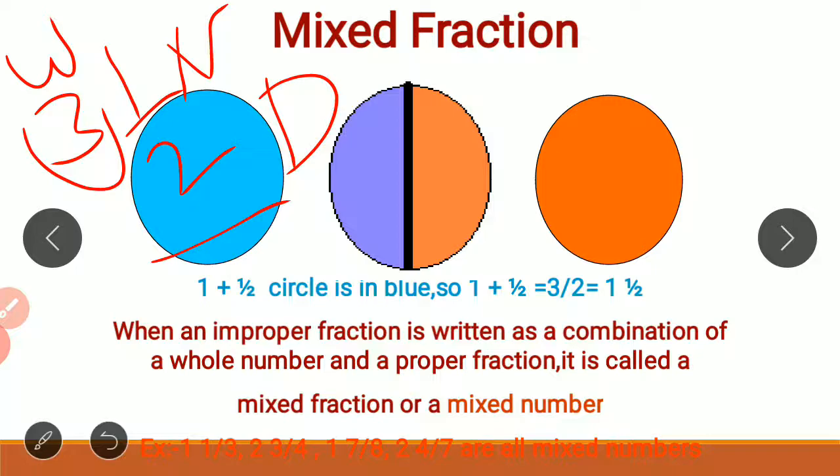This fraction is written with a whole number, that's why it is a mixed fraction. The whole number is here 3, and the proper fraction is 1 by 2. We will read this fraction as 3 into 1 by 2.